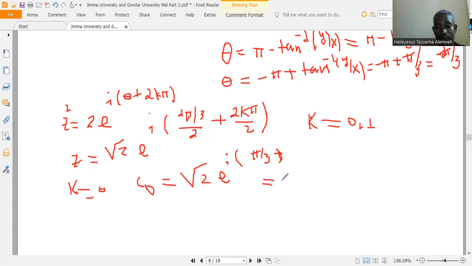Which is the same as radical 2 times cos pi over 3 plus i sin pi over 3.